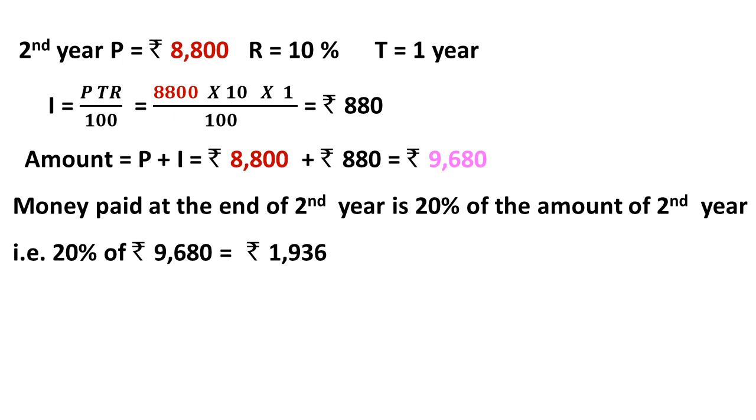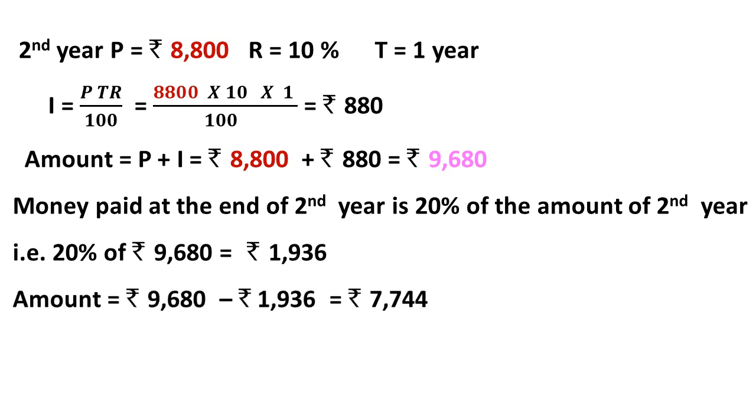So the amount due at the end of the second year is equal to 9,680 minus 1,936, which leads to rupees 7,744. So the money left unpaid just after the second year amounts to rupees 7,744. By this we have completed all the problems of exercise 2C.